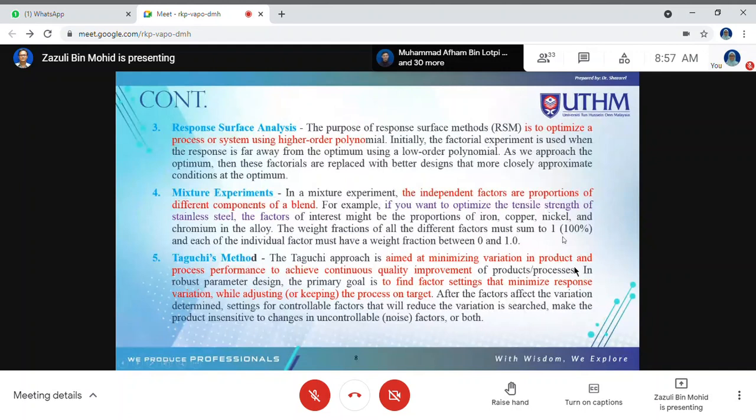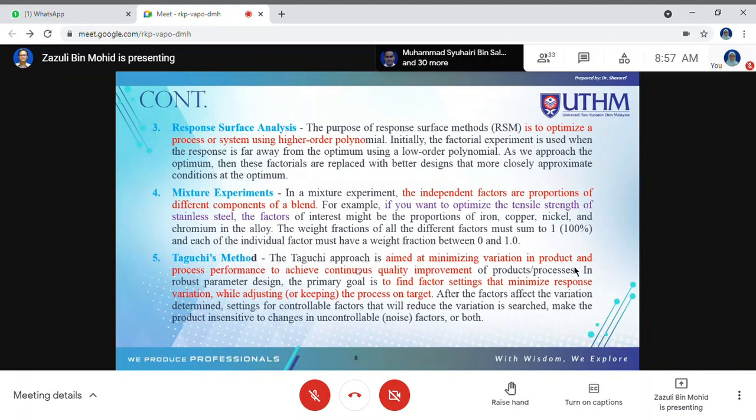So the next one, the fifth one, is the Taguchi method. The Taguchi approach is aimed at minimizing the variation. In process improvement, especially in industry, there are a lot of factors involved in determining the process quality and process performance.